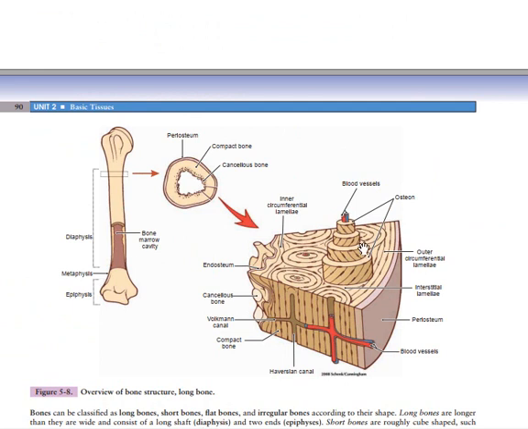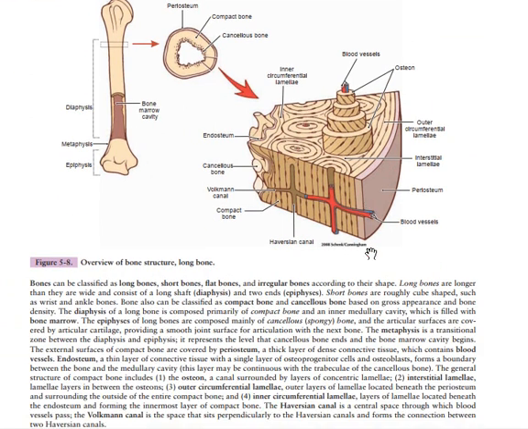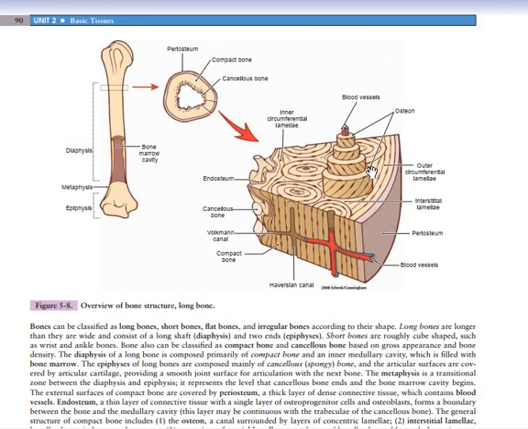Now this is the diagrammatic morphology of a bone. We need to know that a mature bone is made up of two main parts. The part which is located laterally is the compact or cortical bone, while the part which is located centrally is the spongy bone, also called the cancellous bone.